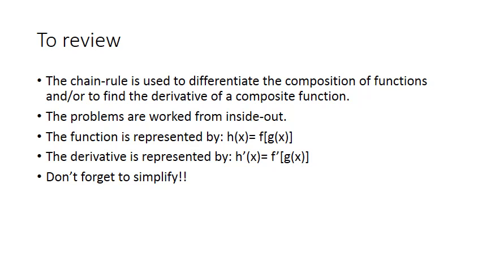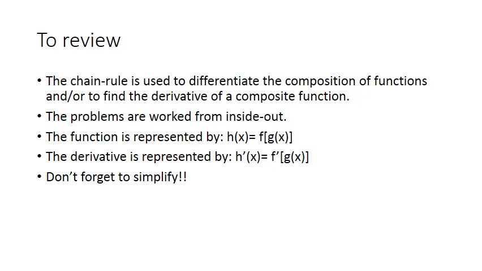The process we use to find a derivative is to work inside out, meaning to find the derivative of the innermost function with respect to x, and work your way out, eventually completing the process while always keeping the function in respect to x. The initial function, represented as h of x, then goes through the derivative process using Leibniz notation, which is dy over dx.